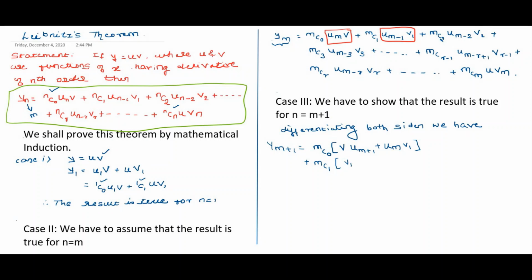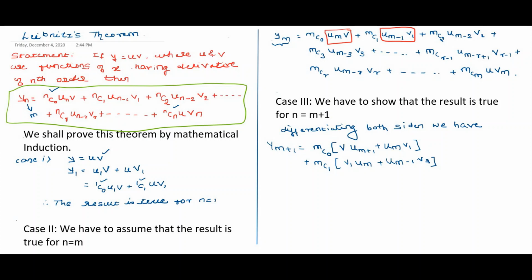What is the differentiation of u_(m-1)? The differentiation of u_(m-1) is u_m. Next, u_(m-1) as it is, and the differentiation of v1 is v2.